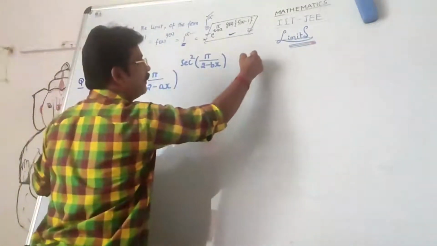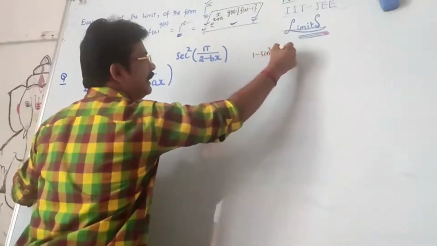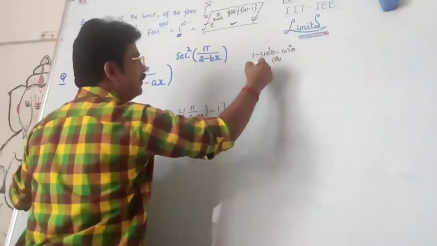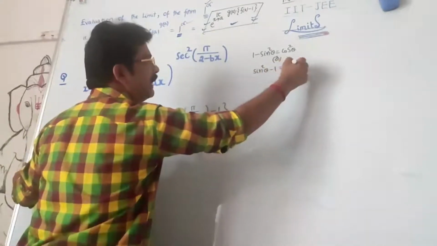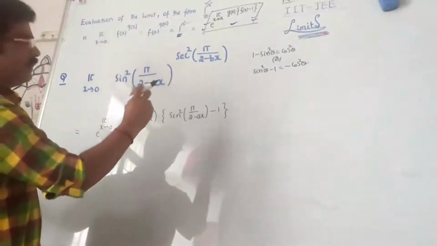Actually, the basic formula is 1 minus sine square theta equals cos square theta, or sine square theta minus 1 equals minus cos square theta, multiplying with minus on both sides.